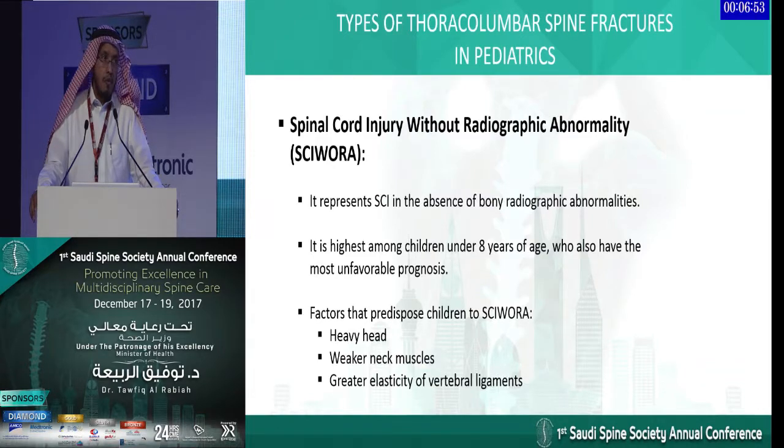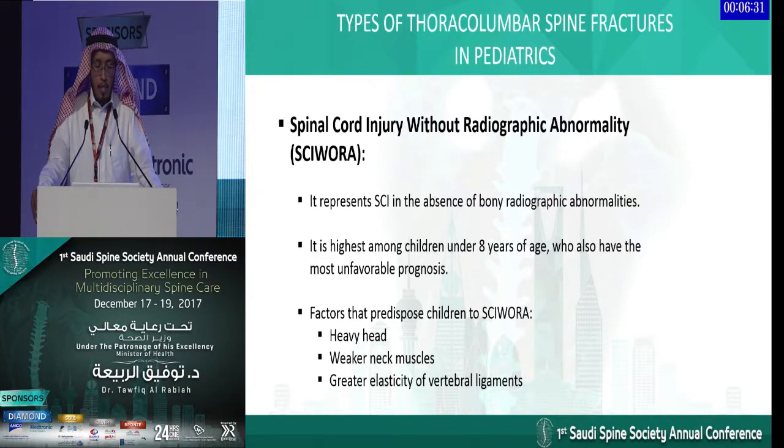Now, the main difference between adults and pediatric spinal injury is the presence of SCIWORA. It represents a spinal cord injury in the absence of any bony radiological abnormalities. It is the highest among children under the age of 8 years.